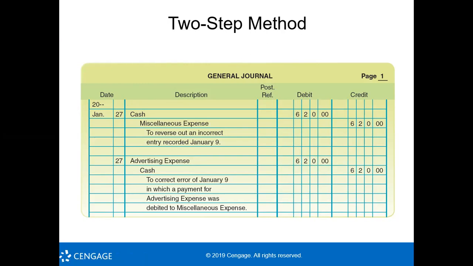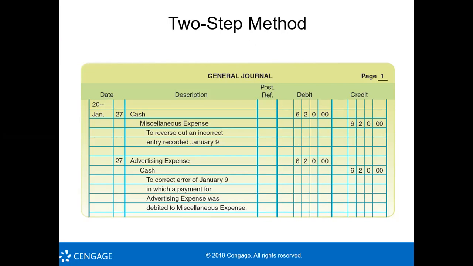Honestly, I think that I've probably only ever done 5 or 6 correcting entries, reversing entries to correct something. And I always preferred the two-step method because I liked that the first entry reversed it.